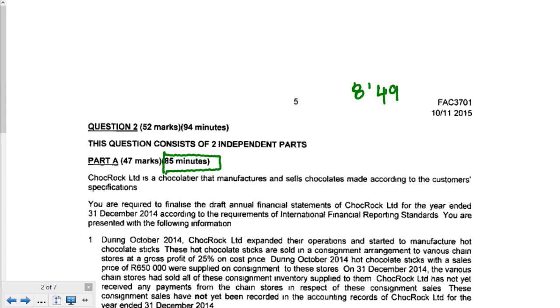What is 85 minutes? It's 1 hour 25, so that's 9, 10, 15, more or less. But I'm hoping it will be quicker than that too.